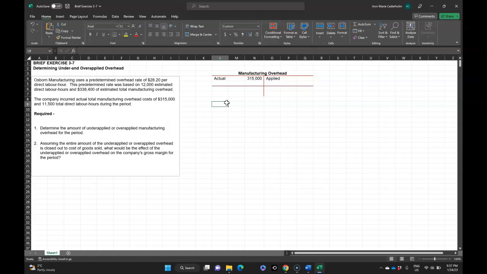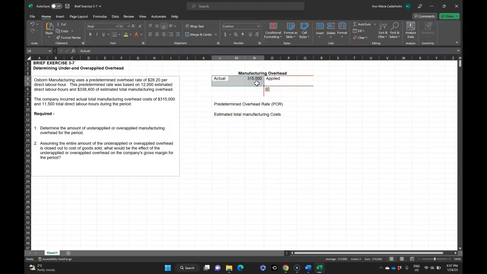And so the first thing that we need to do is calculate a predetermined overhead rate, or POR. And you do this at the beginning of the year. So what someone would do is come up with their estimated total manufacturing costs. So they're going to guess this number here.